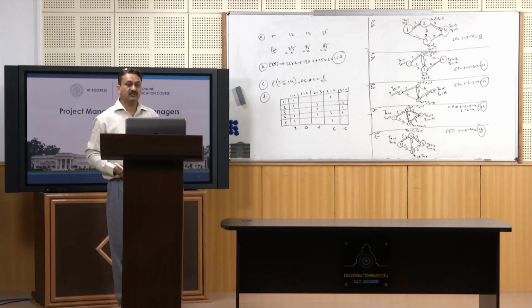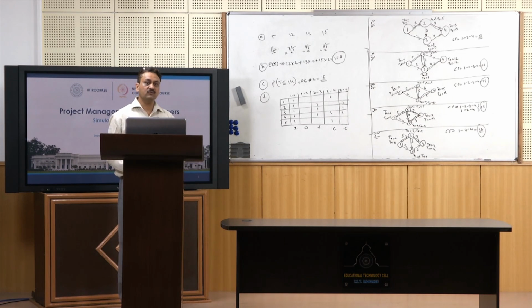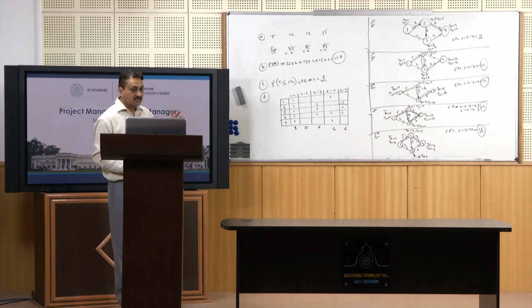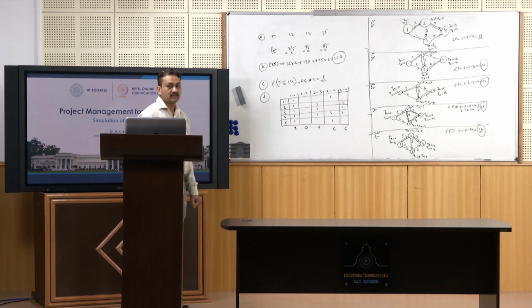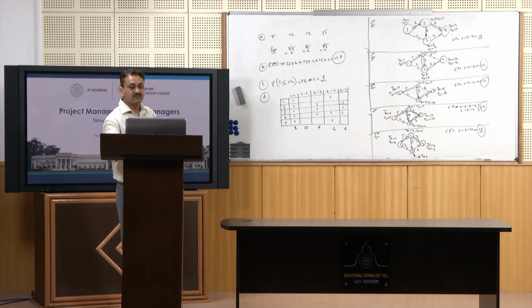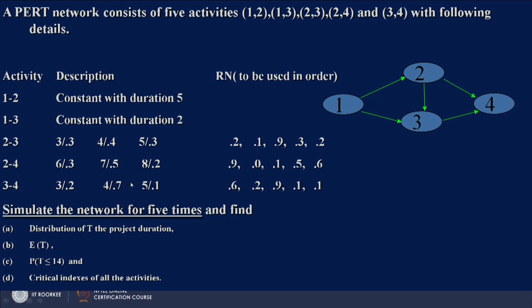As far as this particular question is concerned, we did go for 5 runs. In this particular case, 2 activities have fixed durations, right, 5, 5 and 2. For all the other activities we have been given random numbers and their time estimates along with probabilities.